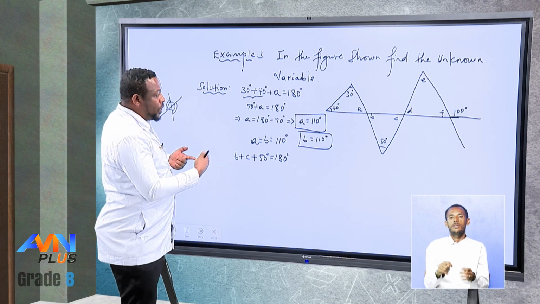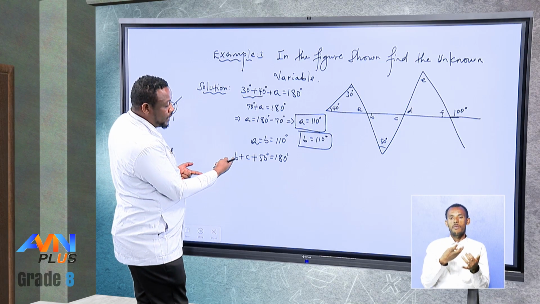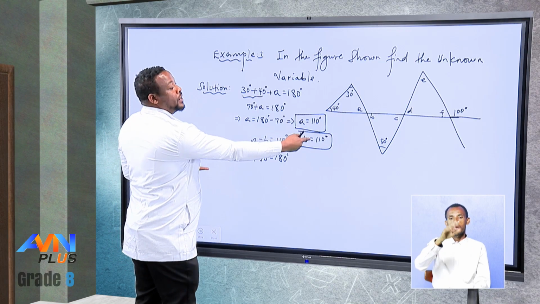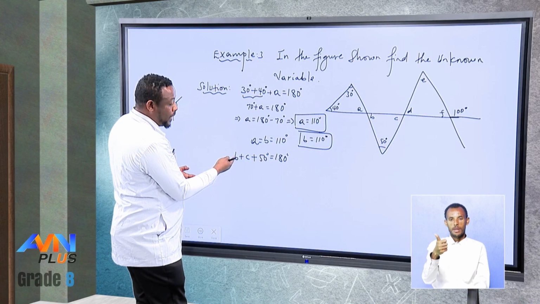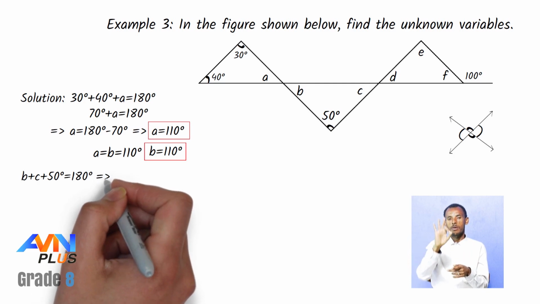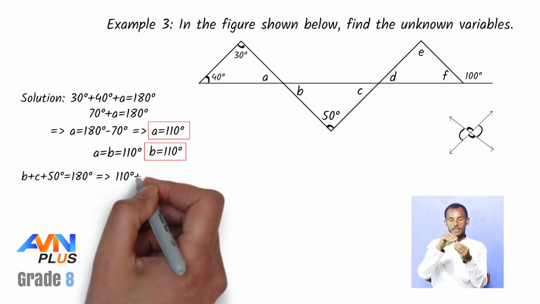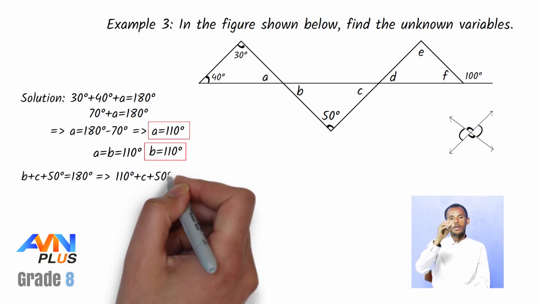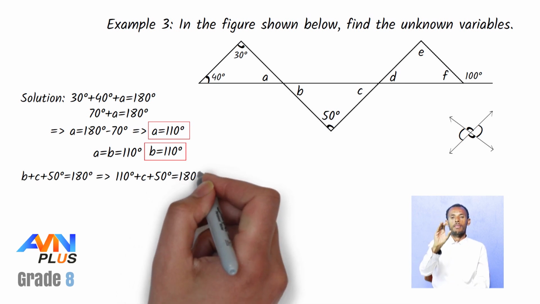We have already obtained the value of B, which is 110, so you can substitute 110 in place of B. This gives us 110 degrees plus C plus 50 degrees is equal to 180 degrees, right?